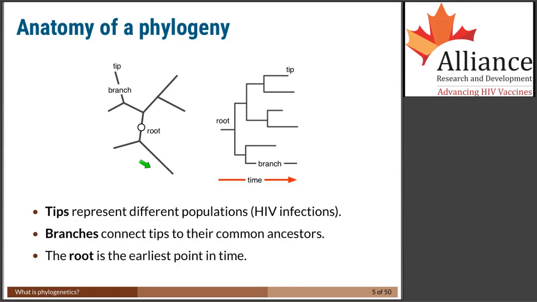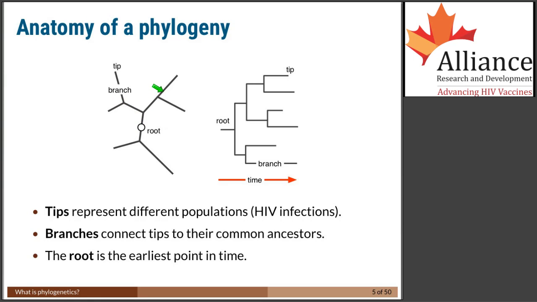There are different ways of visualizing a phylogeny. One is an unrooted rendering of a tree, where we have the tips connected by branches to common ancestors. Now, this root here represents the earliest point in time, and for an unrooted phylogeny could be located anywhere along that tree.